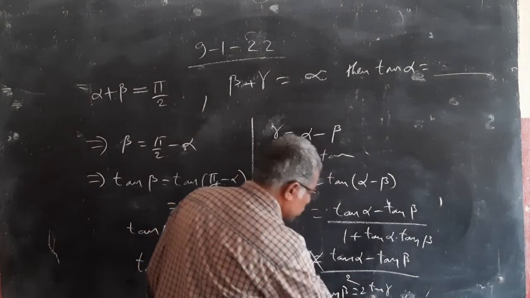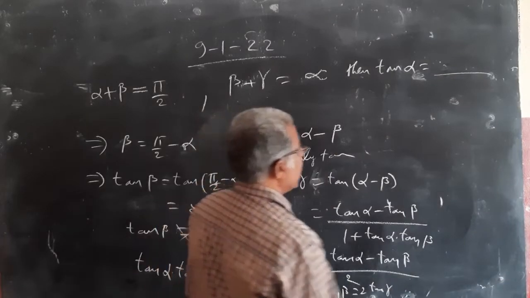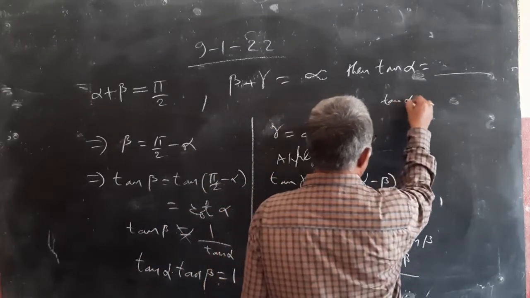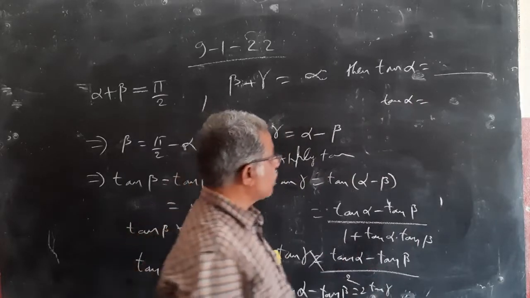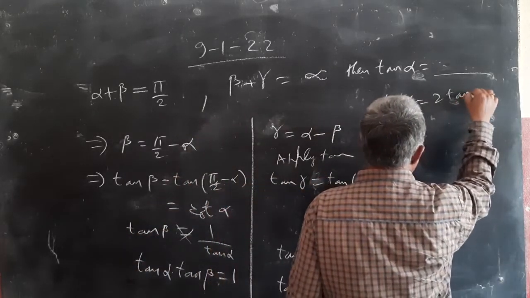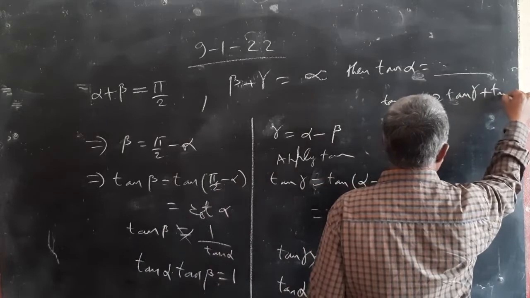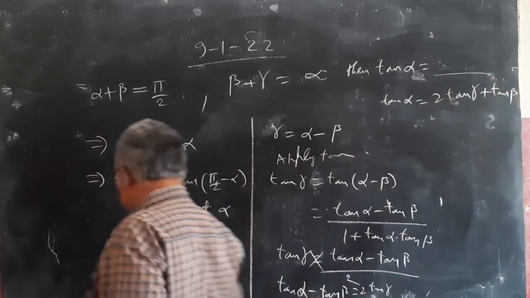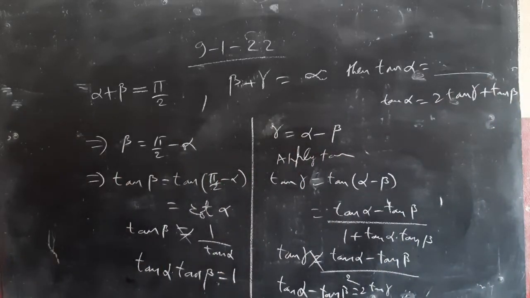If I bring tan beta to the other side, I will get tan alpha equal to 2 tan gamma plus tan beta. That is your final answer, the third option. Tan alpha equals 2 tan gamma plus tan beta. Hence proved. Next, 22nd sum.